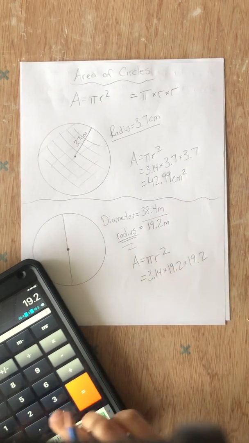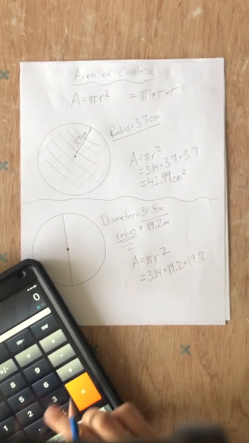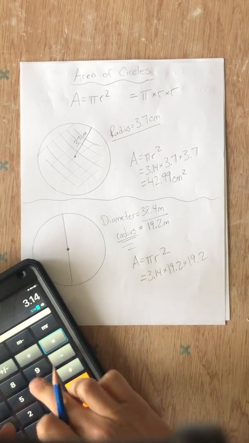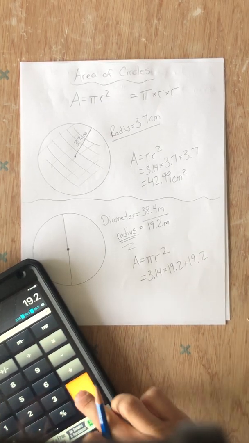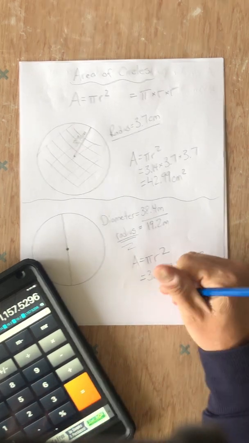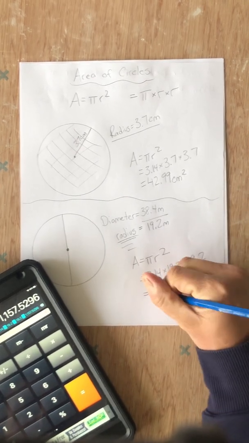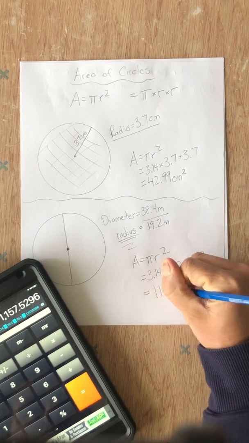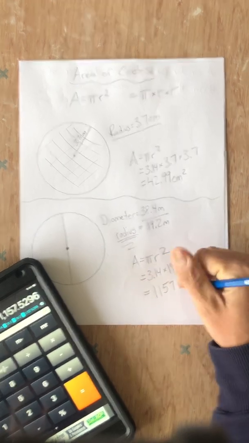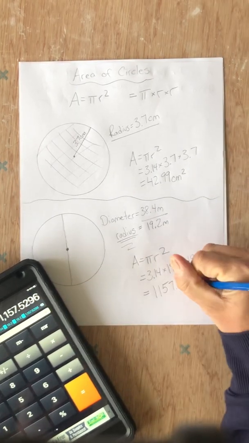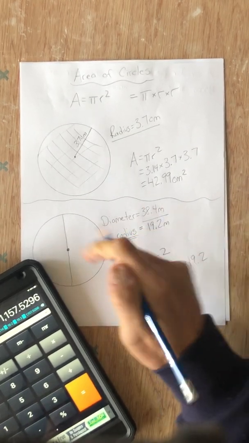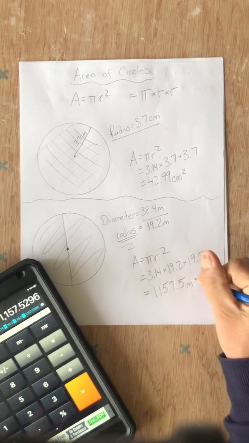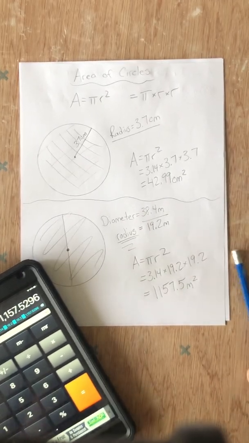Plug that into my calculator here, and my answer is, wow, that's a big number. It's 1,157.5. Here I was talking about meters, so it's meters. Again, we're talking about an area, so it's meters squared.